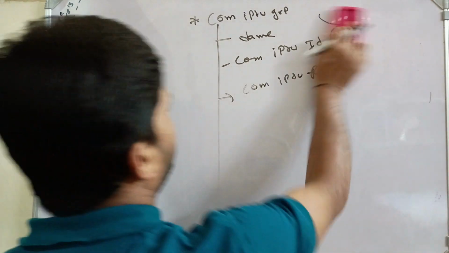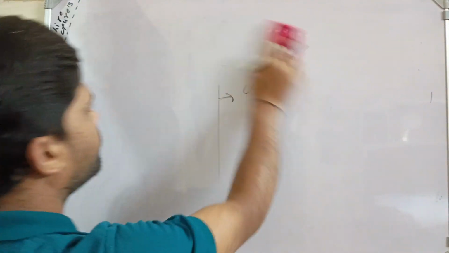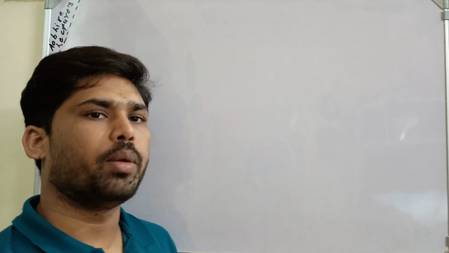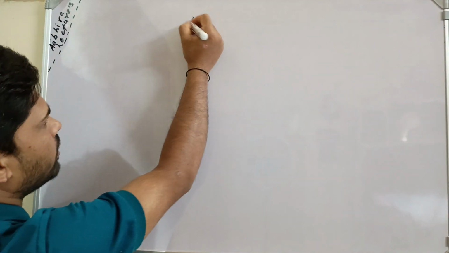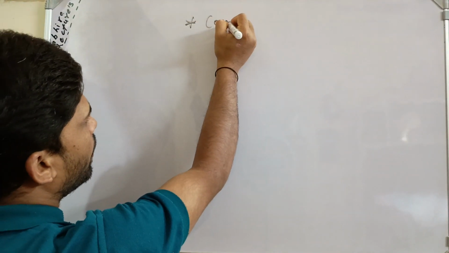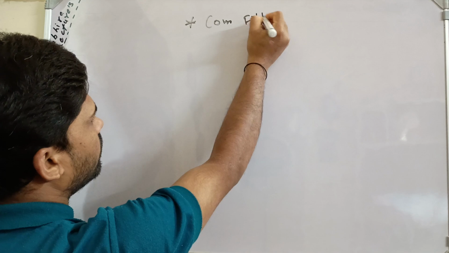Now these are the two containers or two parameters which we have to configure in com ipdu and com ipdu signal group. And now I will discuss com filter.